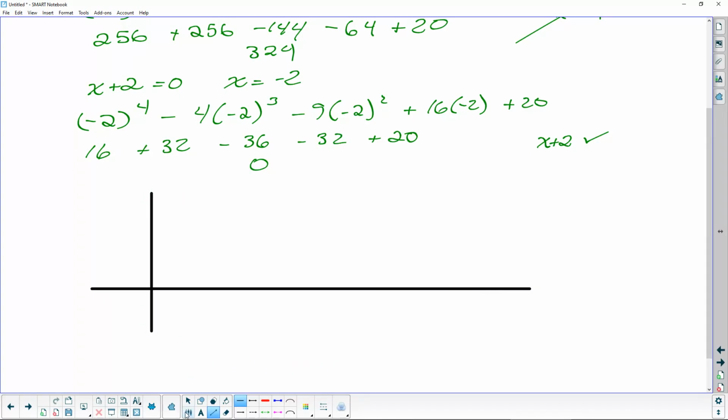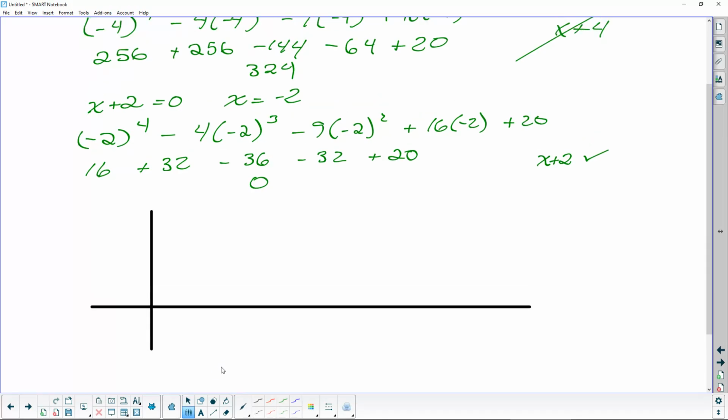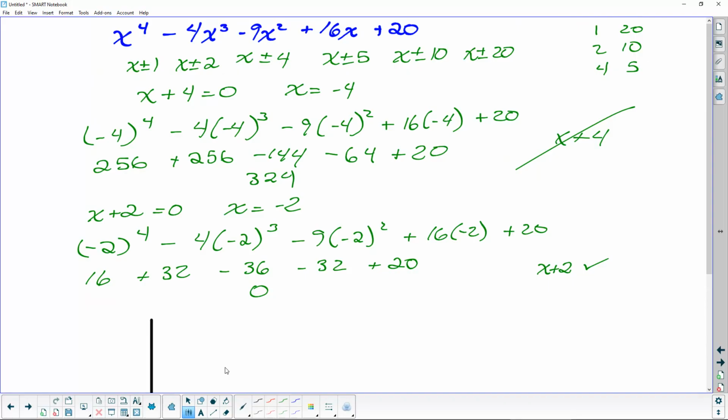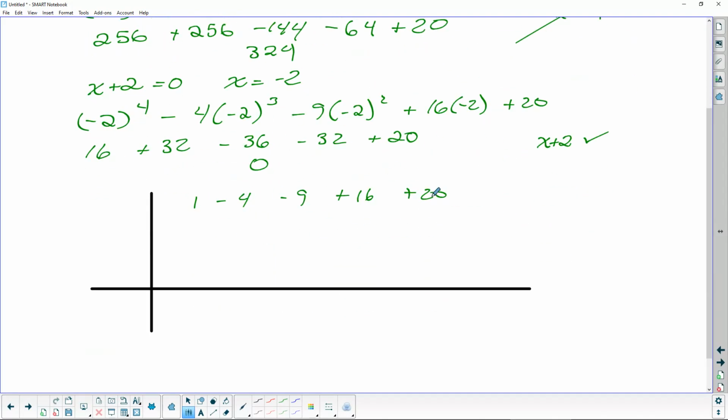Okay, so now I got to put that big expression in here before I forget what it is. 1, negative 4, negative 9, plus 16, plus 20. There it is. That's a 20, by the way, not a 26. Okay, and then we're going to put plus 2 here. All right, 1 times 2 is 2.